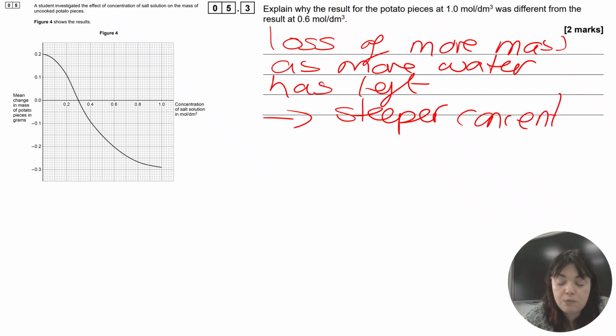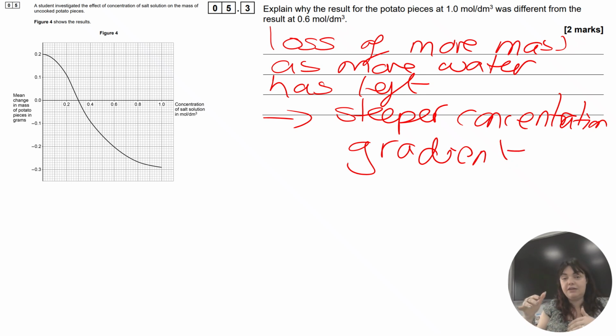Now, when we're talking about the steeper concentration gradient, like I've said, you need to say there's a greater difference in the concentration between inside and outside the potato at 1 than there is at 0.6. Okay, so it's this idea that at 1 outside the cell it is more concentrated. So if you said it is more concentrated outside the cell for 1 than it is for 0.6, that is fine.